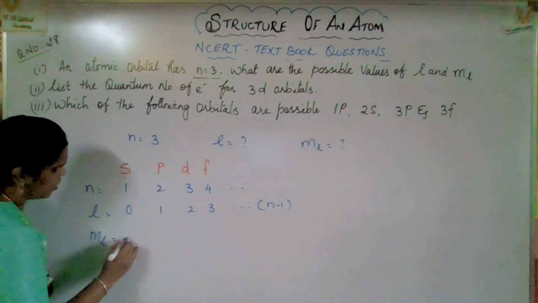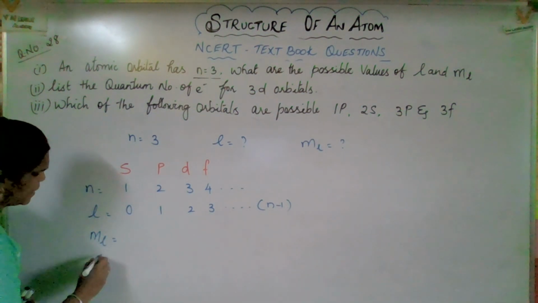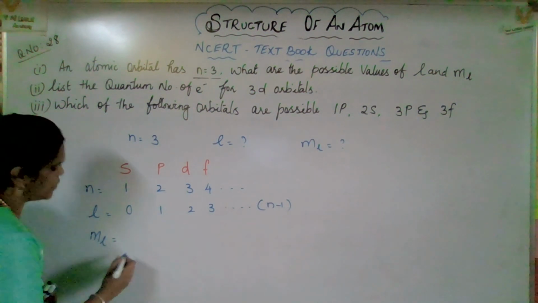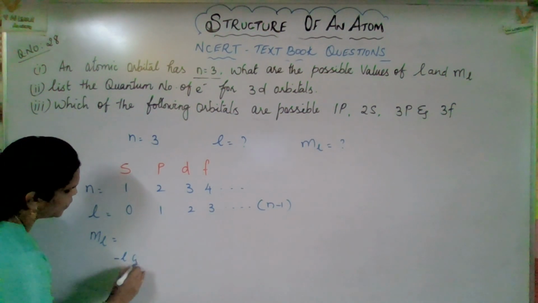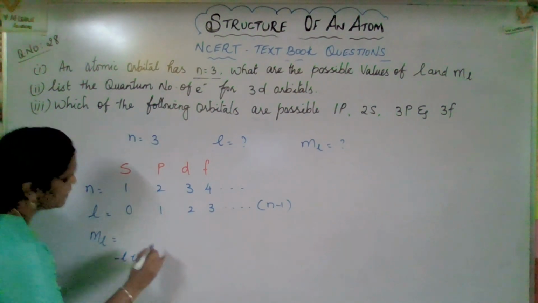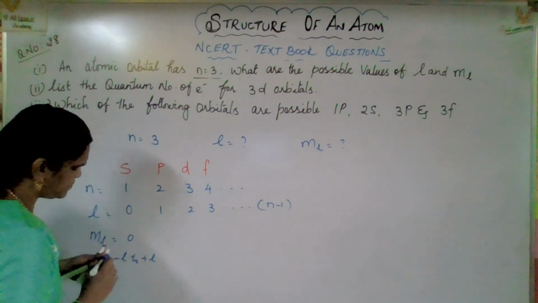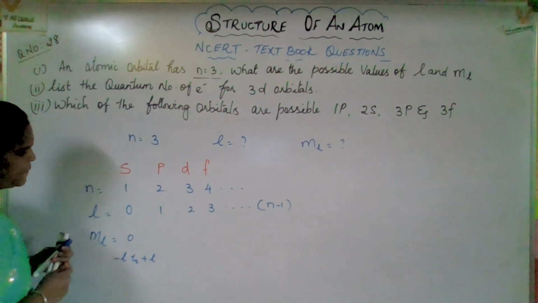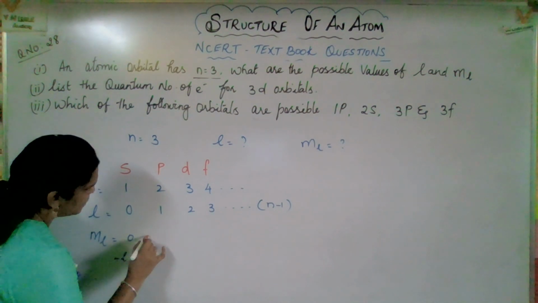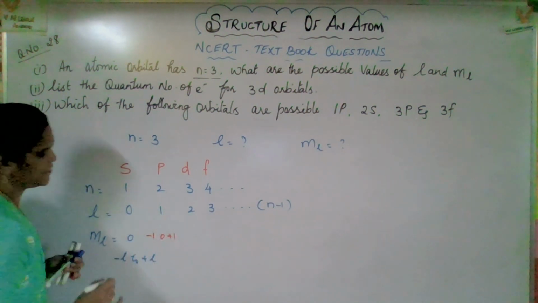The magnetic quantum number always runs from minus l to plus l. That means for l equal to 0, ml is 0. For l equal to 1, ml is minus 1, 0, plus 1.